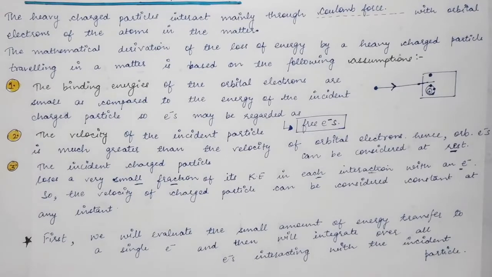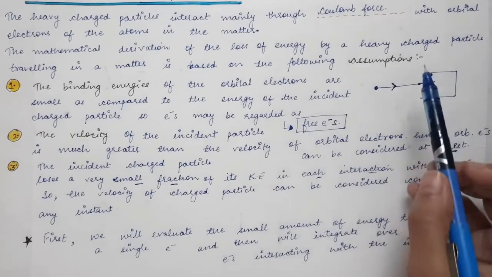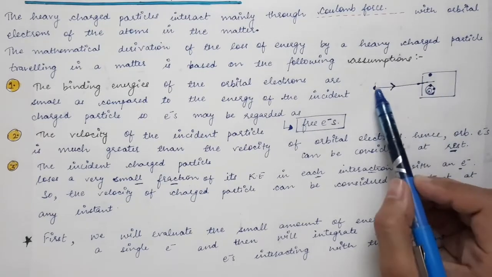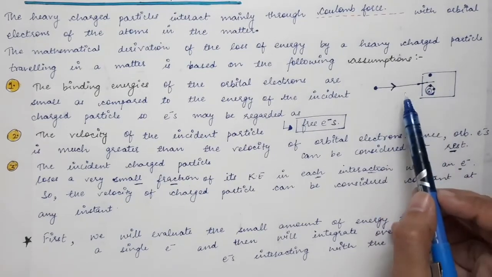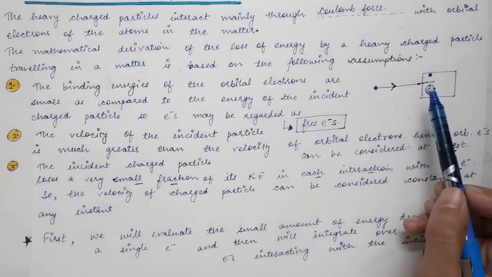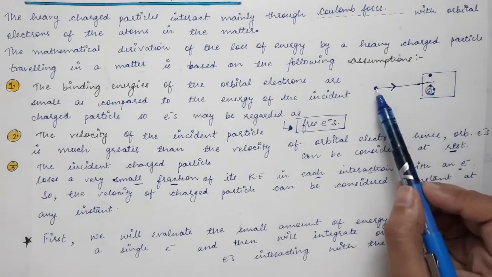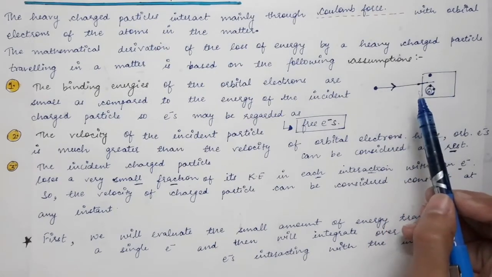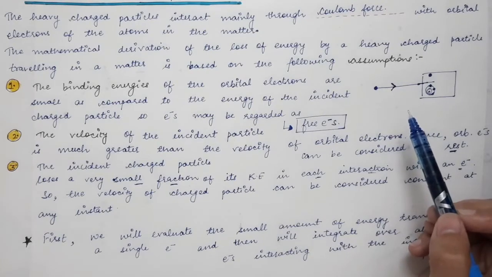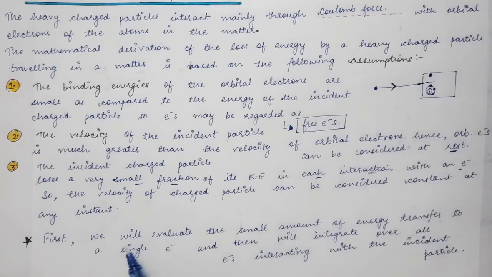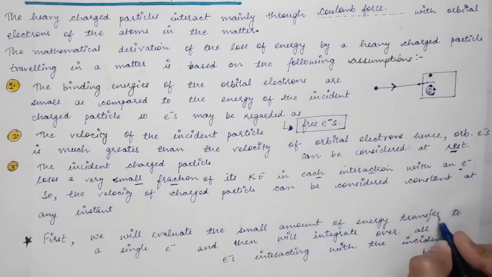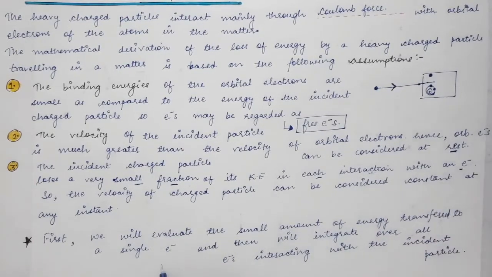Now we are going to start the derivation, in which we will derive the formula to calculate the amount of energy lost by this heavy charged particle inside this medium. First we will evaluate the small amount of energy transferred to a single electron.